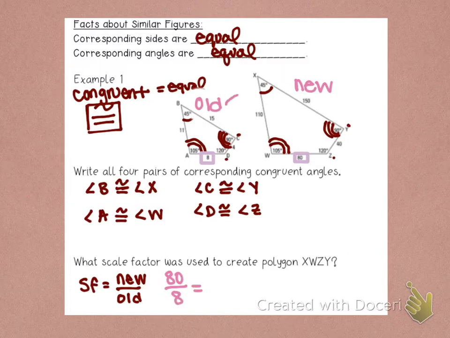Going from my old to my new, we see that we got bigger. So the fact that we got bigger, we know that the scale factor has to be greater than 1. So when I simplify this, 80 divided by 8 is exactly 10, and that is greater than 1, so I know that this is accurate.